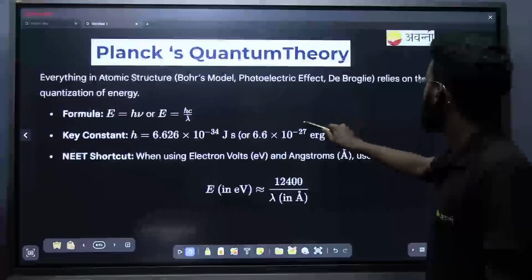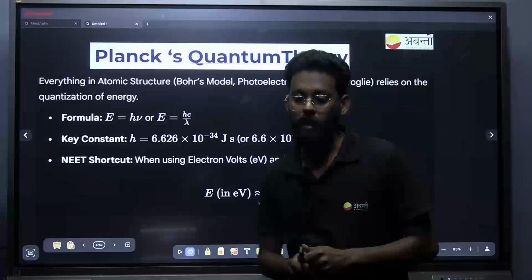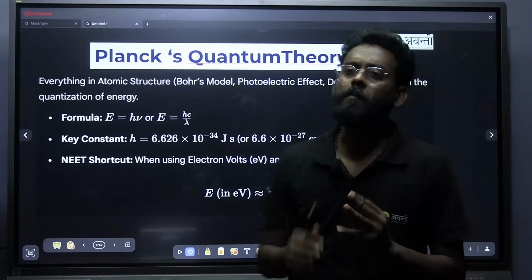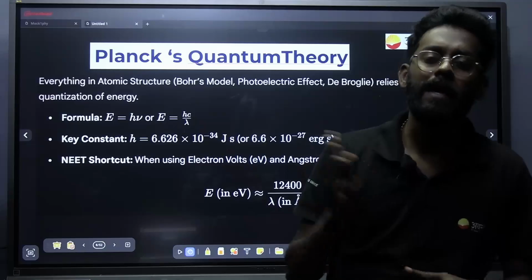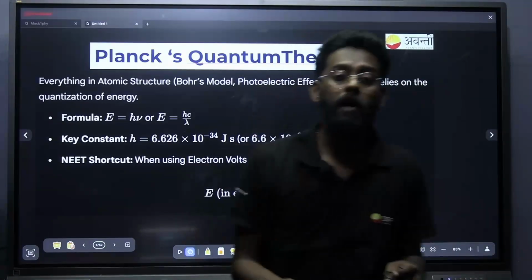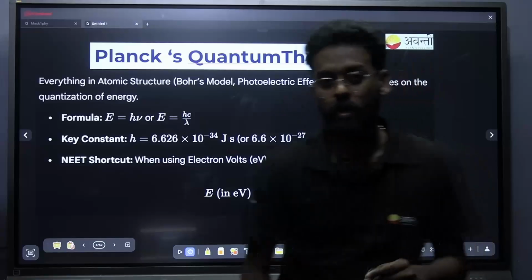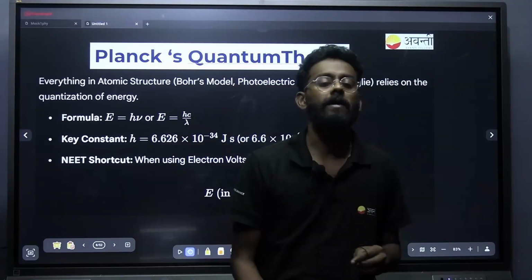Planck's quantum theory. Before going to Planck's quantum theory, let me tell you what led to it. Many of the phenomena of light like diffraction and reflection can be explained by taking the wave character of light. But there are many other phenomena like black body radiation, heat capacity of solids, and the photoelectric effect.